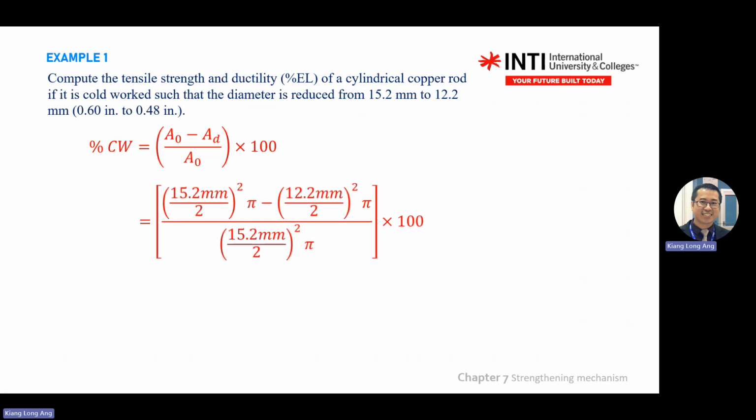So you put in all the numbers, pi r squared or pi d squared divided by 4. This is also one of the areas where some students score very low marks. They thought they knew, but when they substitute values... So first, when you answer a question, write the formula.